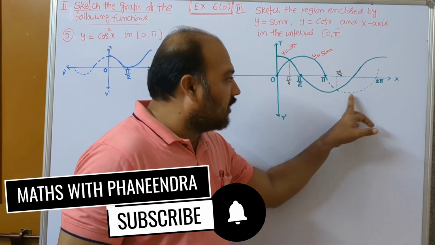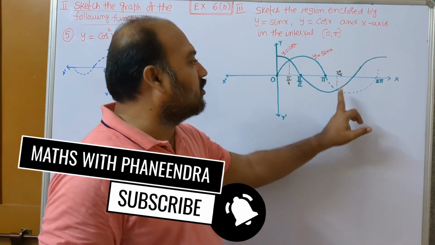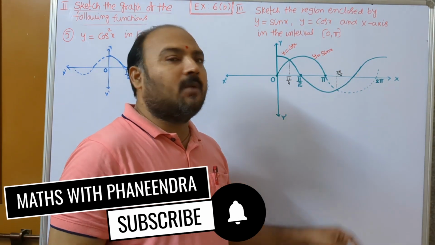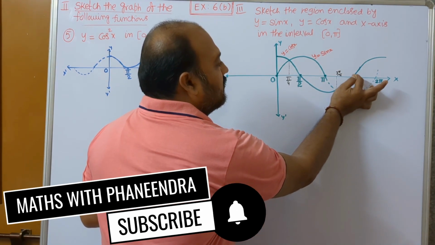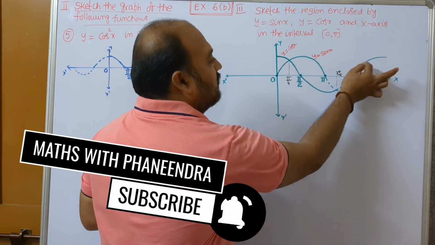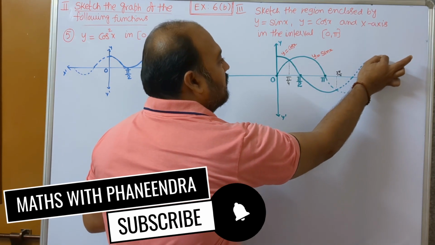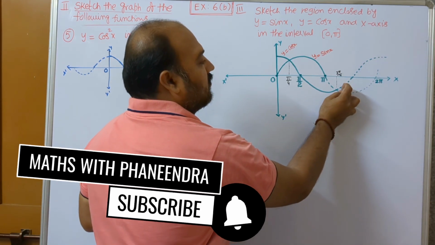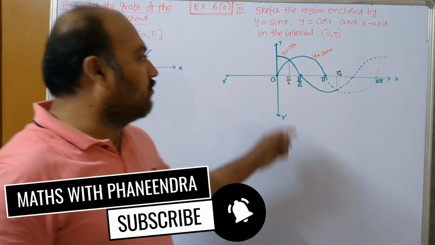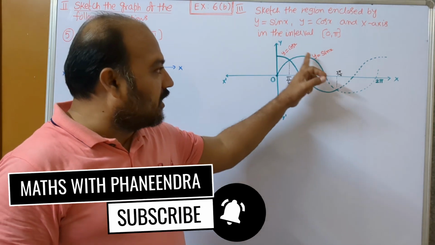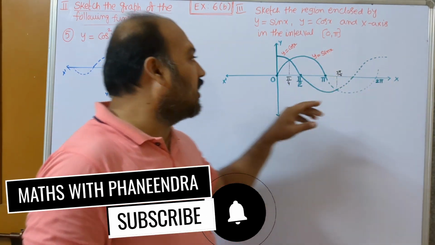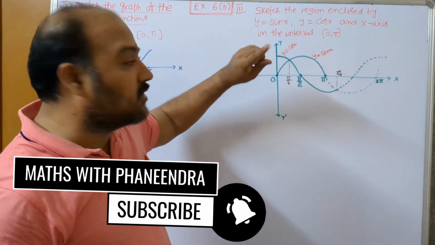You remember, dear students. Why I am putting dot marks here: they are asking only till π, and the remaining I am putting as dots. Okay, from 0 to π. So y equals sin x passes through the origin, and y equals cos x does not pass through the origin.